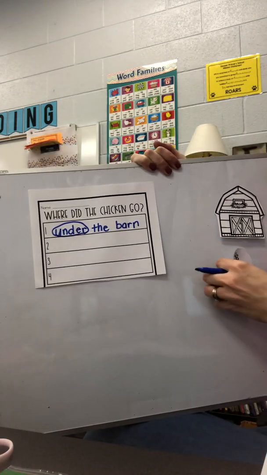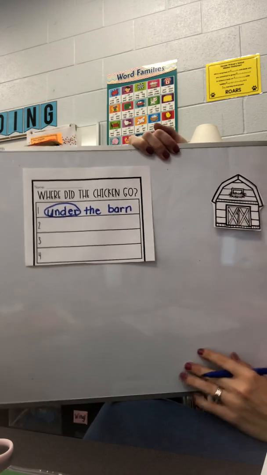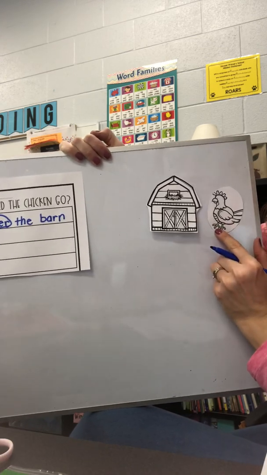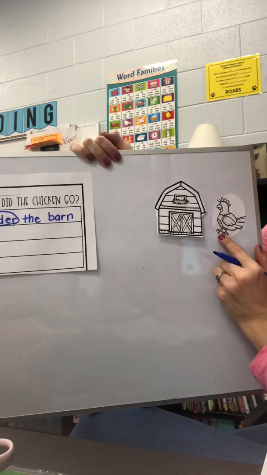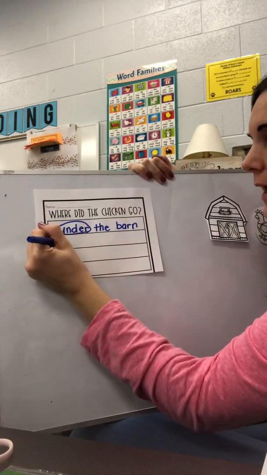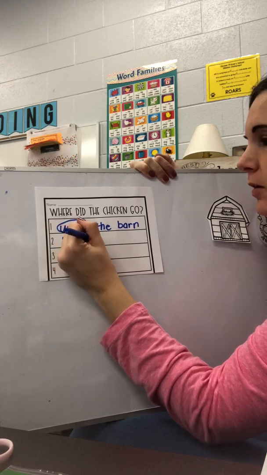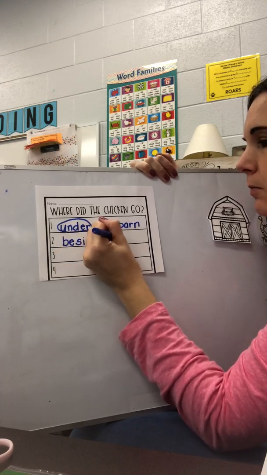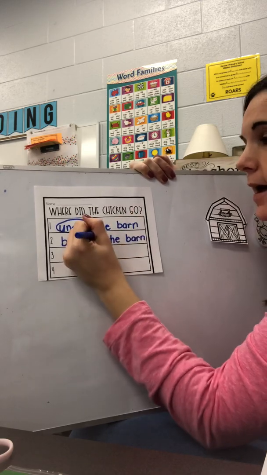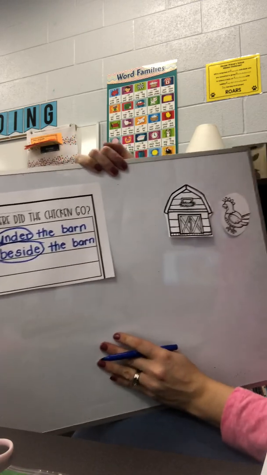Okay? What if I say the chicken is right here? If the chicken is next to the barn, what is a word that means right next to? Did you say beside the barn? If you did, the word beside is another example of a preposition.